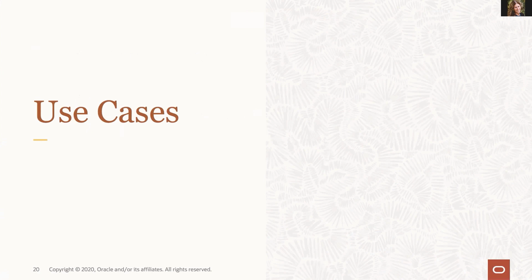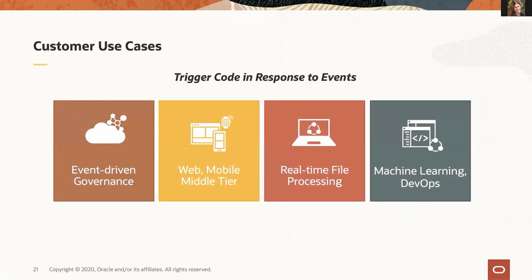So let's now go and talk about the different use cases. We see major categories of use cases that our customers implement for functions and using the serverless services in OCI.